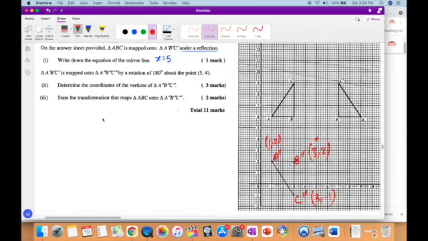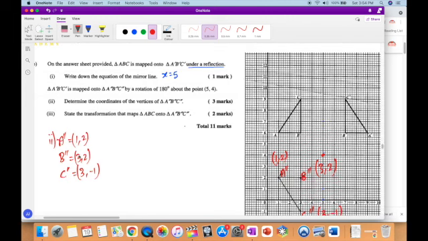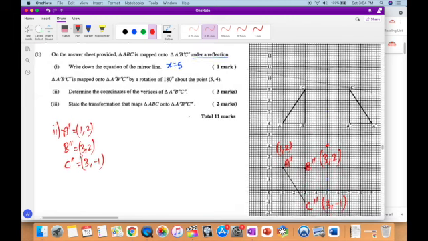So we can actually write down for part 2, A double prime is 1, 2. B double prime is 3, 2. C double prime is 3, -1. Right, that's part 2.